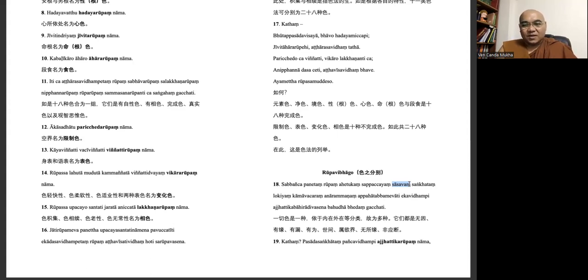They are attachment to the sensual pleasures, kamasava; attachment to becomings, bhavasava; and attachment to views, ditthasava, which is wrong view; and then avijjasava is ignorance.